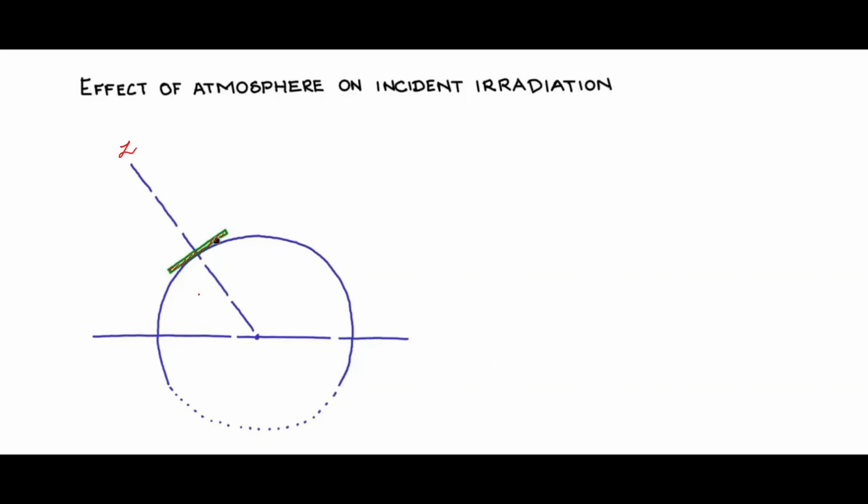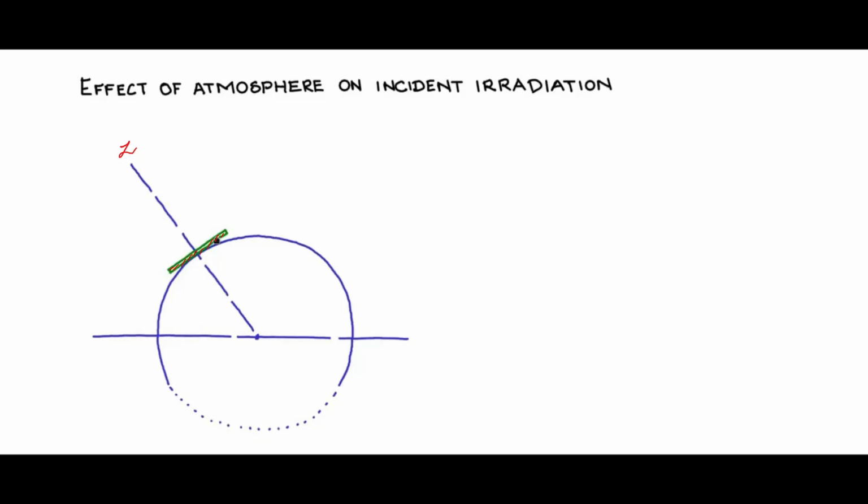Now we are going to see the effect of atmospheric conditions and atmospheric aspects like air in the atmosphere, water content, carbon dioxide, clouds. How these things will affect our incident irradiation is going to be learned here.